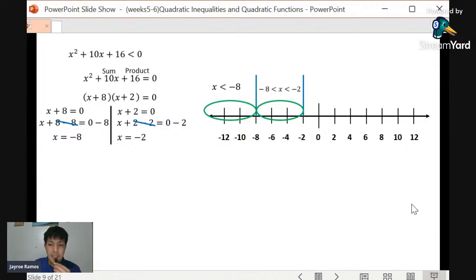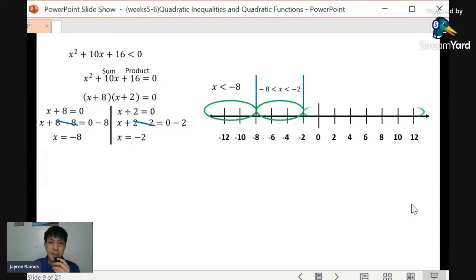So yan po yung magiging sagot: x is greater than negative 8, and then x is less than negative 2. Tingnan niyo yung pattern, okay? Kung medyo nalilito talaga kayo, yung pattern po. Tama yung kay Princess Margaret: x is greater than negative 8 but less than negative 2. So yan po yung kasunod.